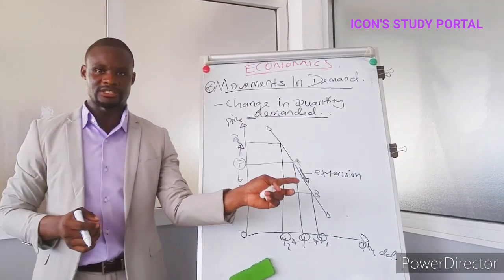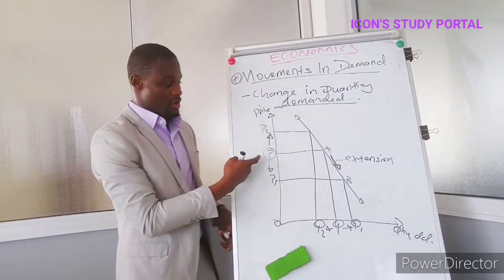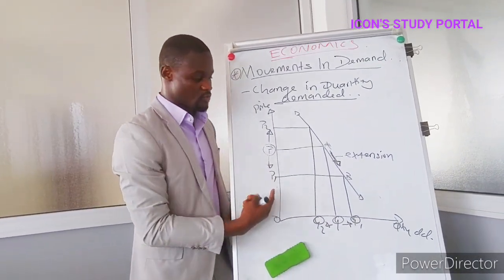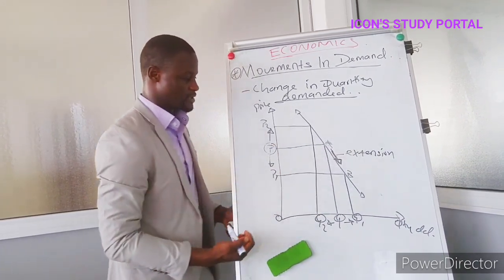Why do we term it an extension in demand? Because it is caused by a fall in price, which leads to an increase in quantity demanded.